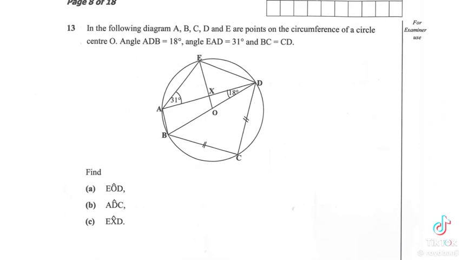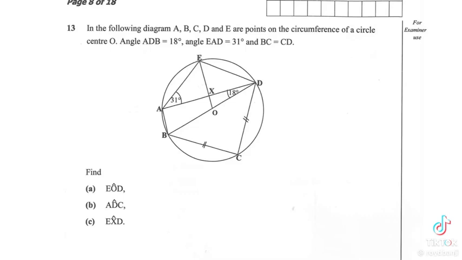So question 13 here, it says, in the following diagram, A, B, C, D, and E are points on the circumference of the circle, center O. Angle ADB is equal to 18 degrees. You can see it visibly there.